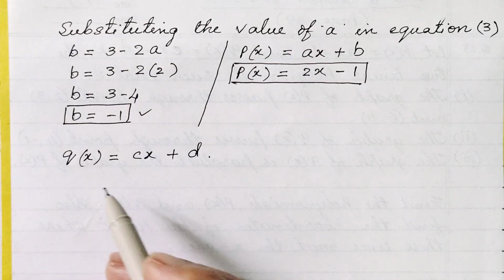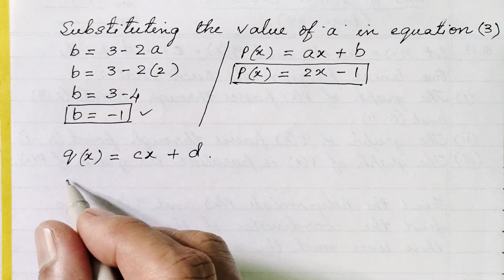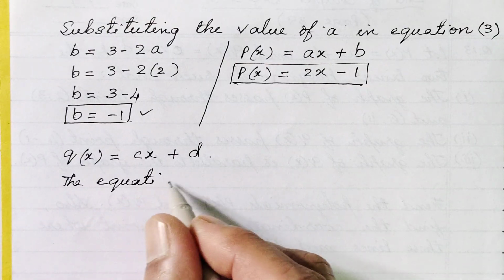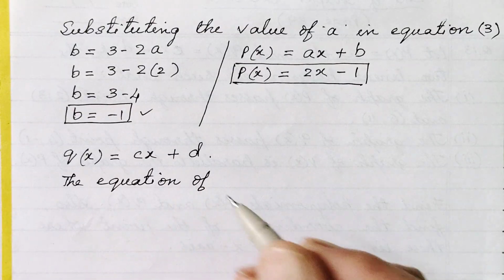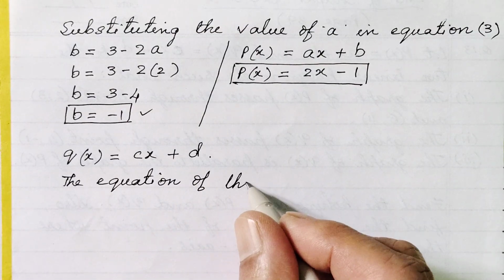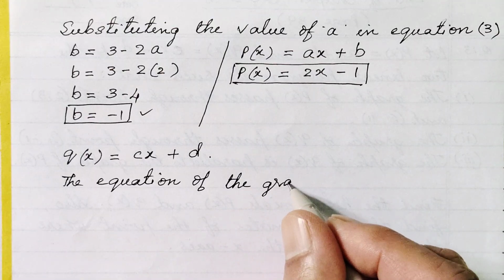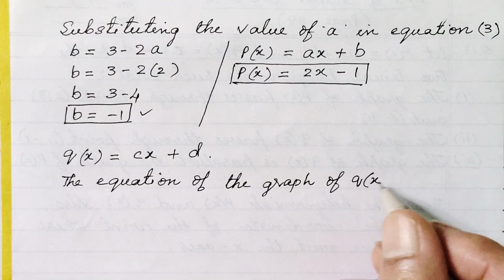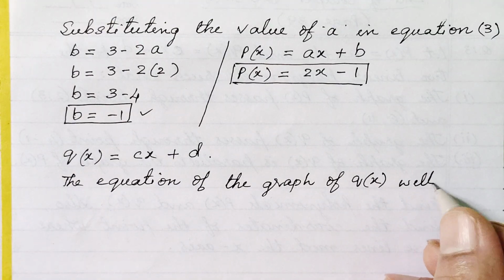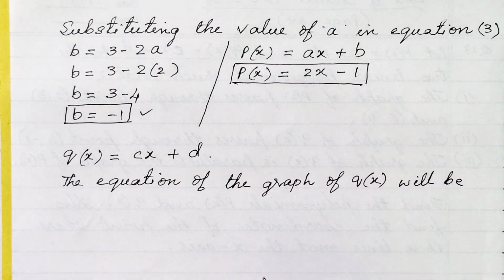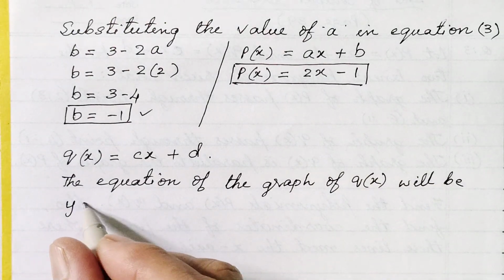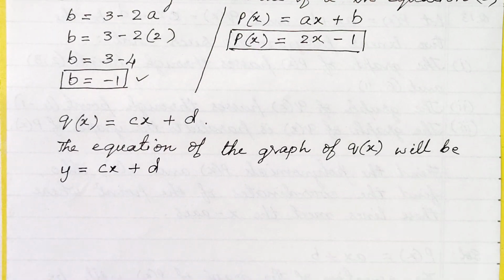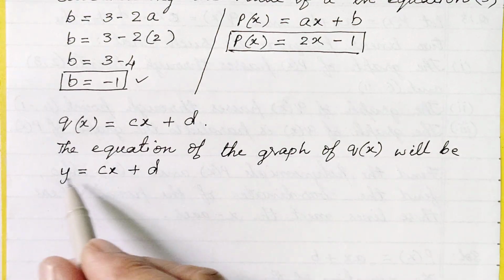So the equation of the graph of q(x) will be y equal to cx plus d. So this is the equation of the graph of q(x).